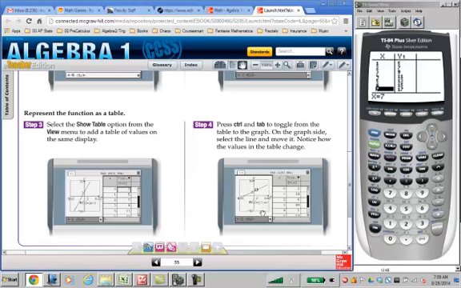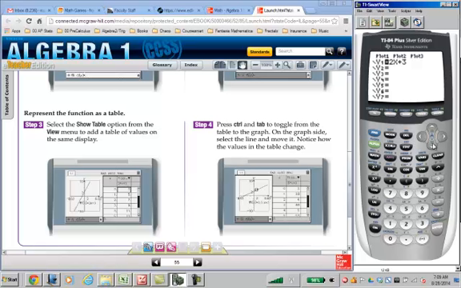The only thing you can do is, for instance, if you take the line and move it, let's change the line. Let's make it 3x minus 2.